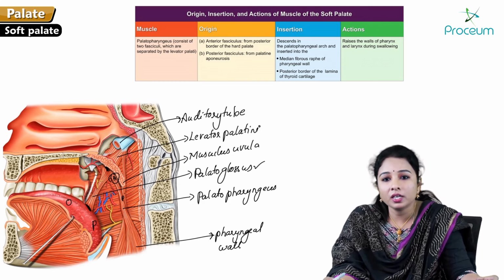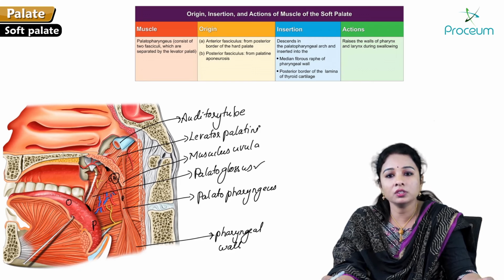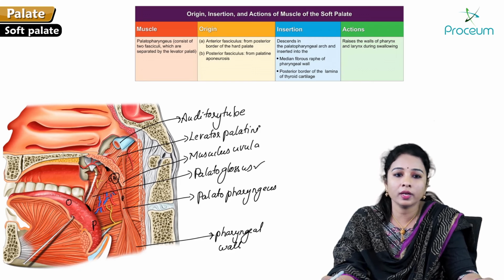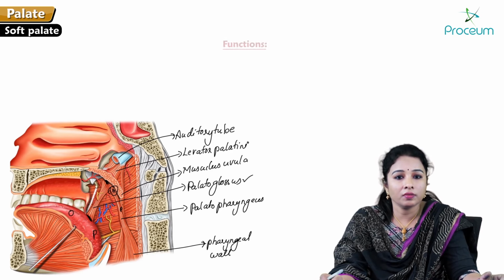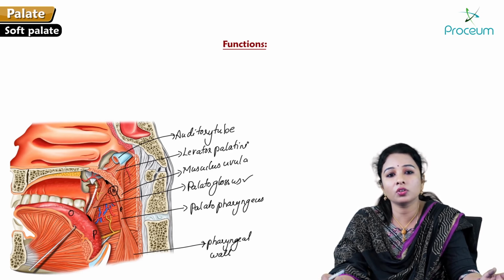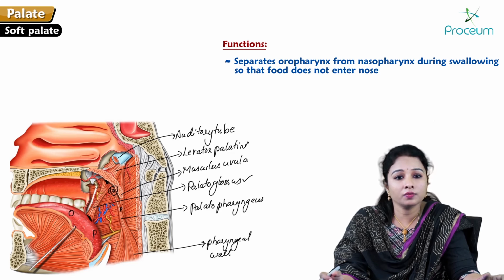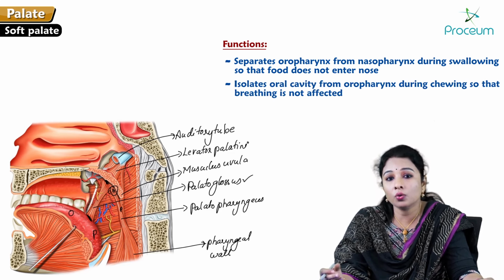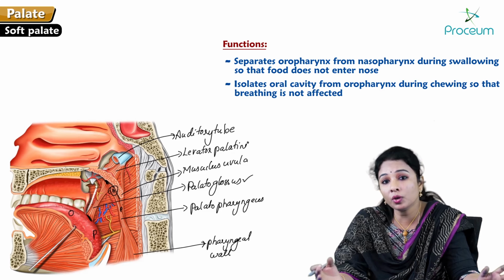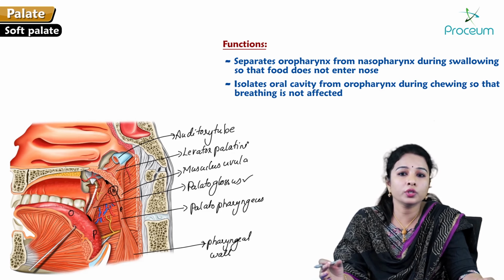The action of palatopharyngeus is that it raises the walls of the pharynx and larynx during swallowing. So let us understand the functions of the soft palate on the whole. It separates the oropharynx from the nasopharynx during swallowing so that food does not enter the nose, and it isolates the oral cavity from the oropharynx during chewing so that breathing is not affected.